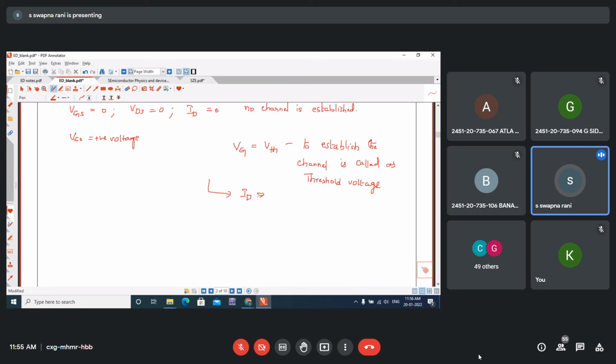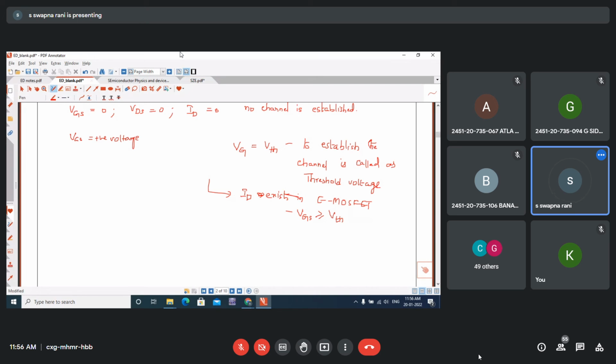The drain current ID exists in the E MOSFET only when VGS is greater than or equal to VT. When the gate voltage is greater than or equal to the threshold voltage, only then will the channel be established and the charge carriers start flowing from source to drain.